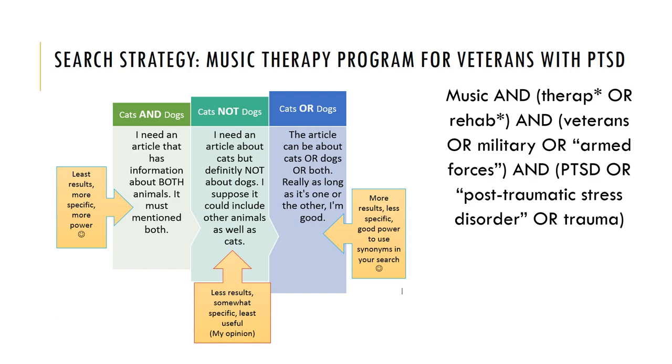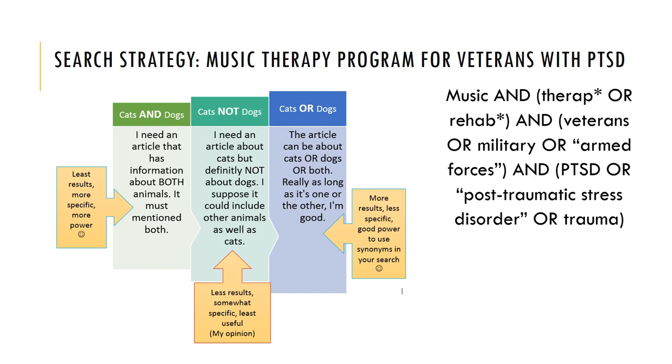So I have therapy and rehabilitation, those ideas, in parentheses, because they are OR'd together. And I don't want the database to OR therapy or music because the article has to be about both music and therapy. But therapy or rehab can be OR'd because it could be one way or the other, and I'd probably get what I want. Next, I have picked out my words for veterans, all OR'd together in parentheses, the same for PTSD.